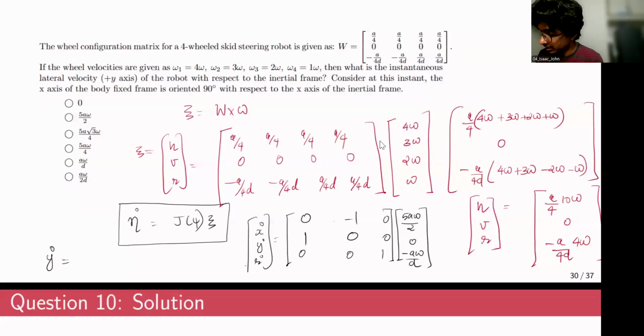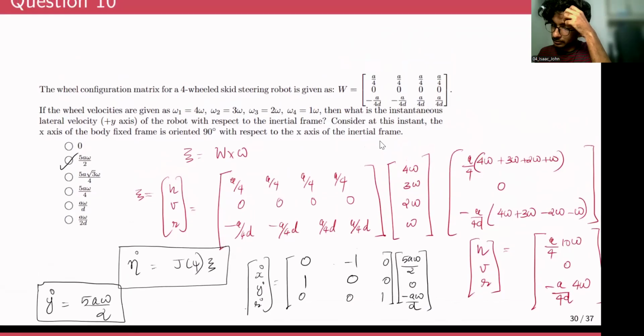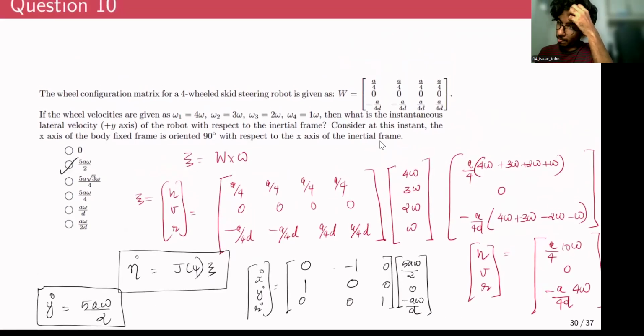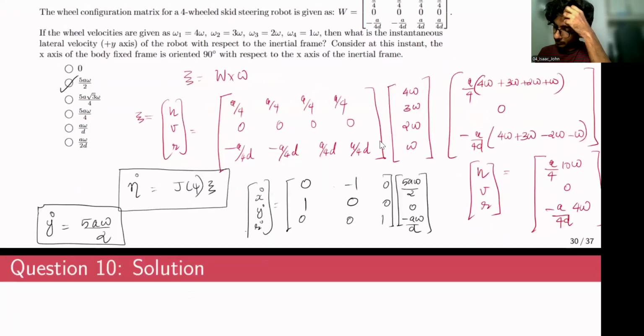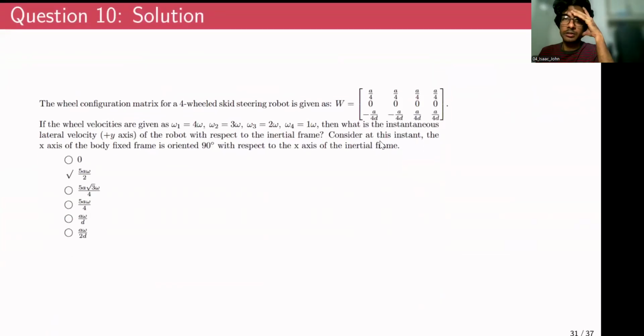So if you consider the second row, y dot is nothing but 5a omega by 2. That is your answer. So I guess it's option B for question 10.